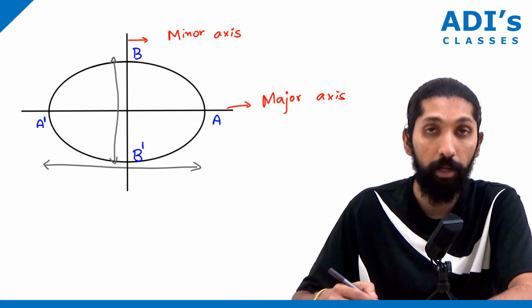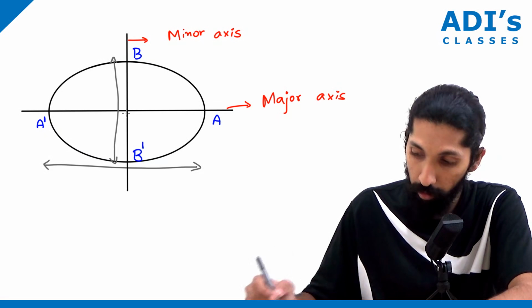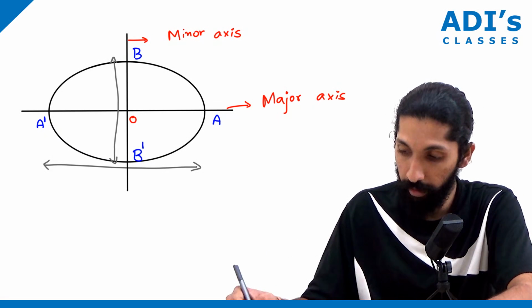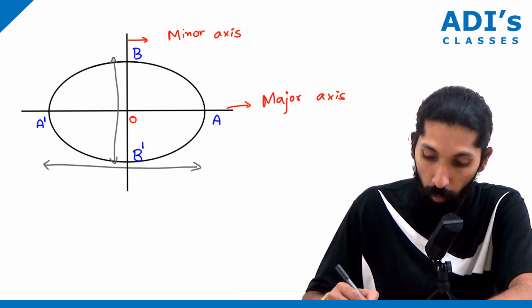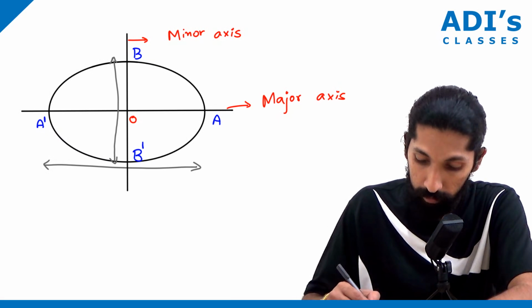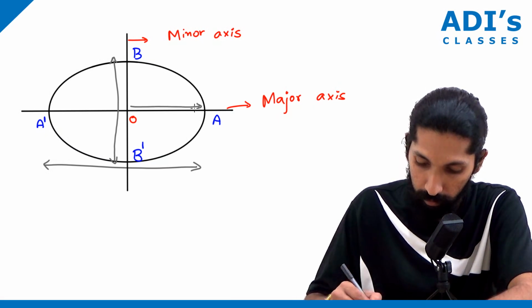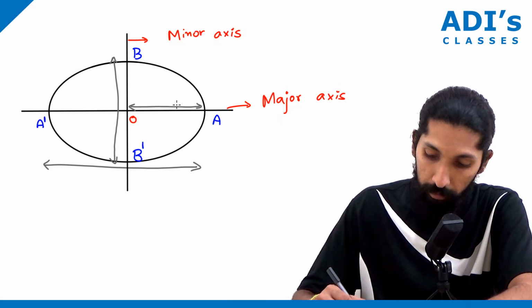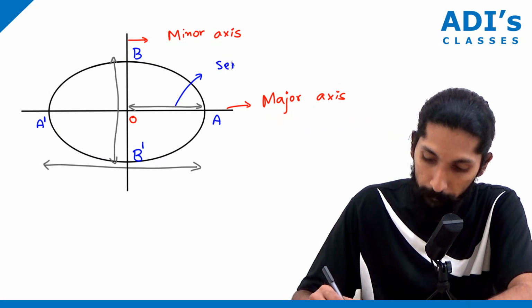Now a very important point: this is the origin O. From O to A, this distance is what we call the semi-major axis.